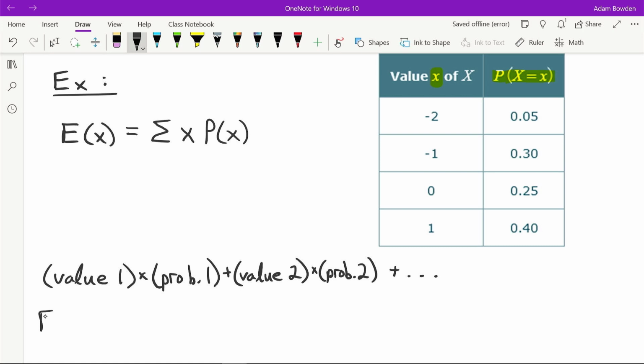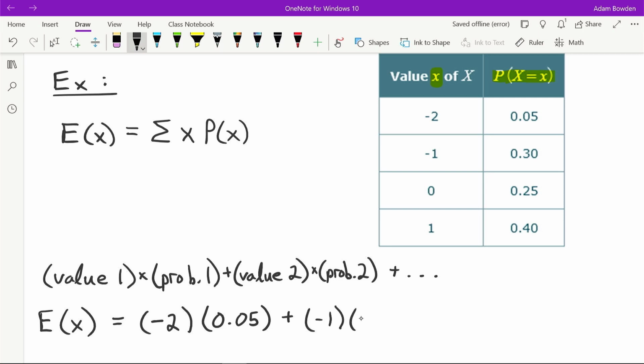So to do the expected value here, what we're going to do is take each value, so starting with negative 2, times the respective probability of 0.05. We're taking the summation here, so we have to add these together with the next thing, where we take the value negative 1 times its probability 0.30 plus 0 times 0.25 plus 1 times 0.40.